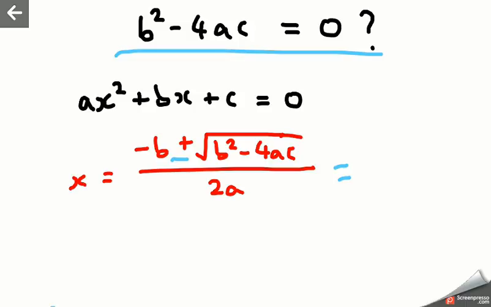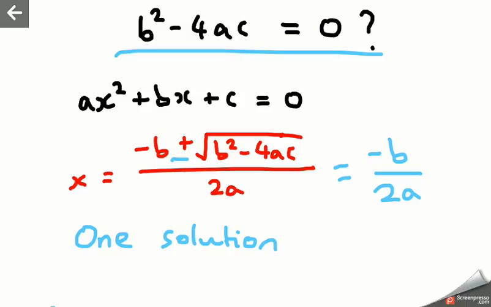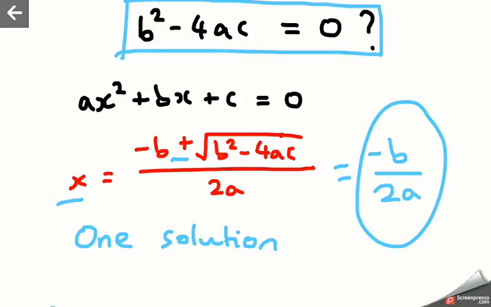So it's just negative b plus or minus 0, negative b, divided by 2a. So when b squared minus 4ac equals 0, we only have one solution. There's only one value of x to make this true, and that value of x is negative b divided by 2a.